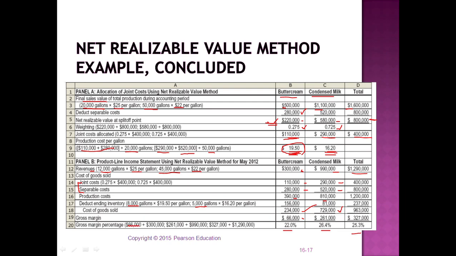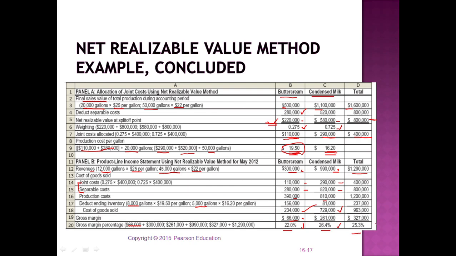Gross margin as a percentage of sales. Yeah, I'm so sorry. So you will take 66,000 divided by 300,000 into 100, that would be 22%. And similarly for the second product, it would be 261,000 divided by 990,000 into 100, that would be 26.4%.